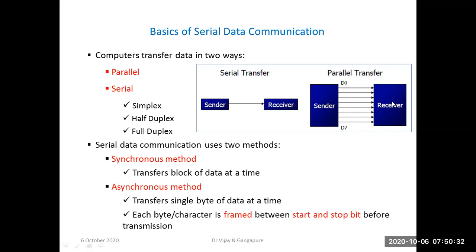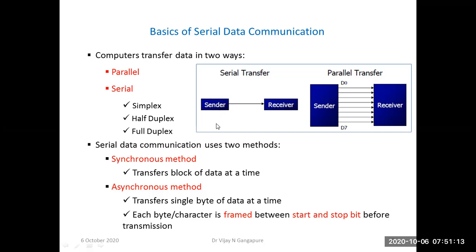So this method is not feasible to transfer data over long distances, but serial transfer is feasible for that. That is the difference between serial transfer and parallel transfer of data. If sender and receiver are two computers, these two computers can communicate with each other using this single line. Not necessarily computers; sender and receiver could be any data terminal equipment.